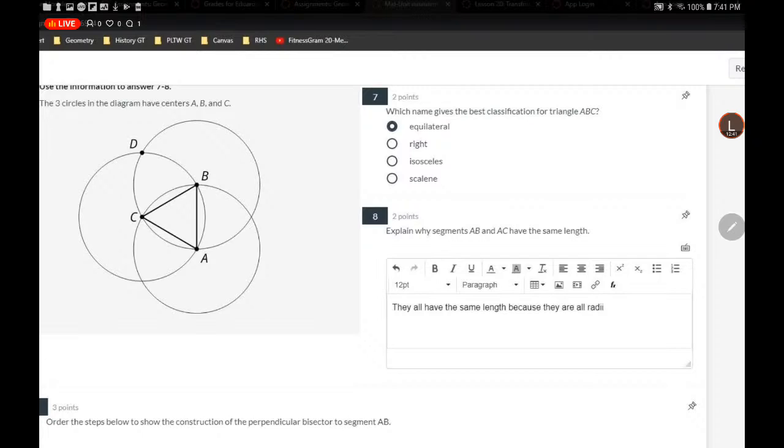So yeah, that's equilateral, right? Definitely. Why are segments AB and AC both radii of circle A? We're just talking about 2 segments, so not they all, but they both. They both have the same length because they are both radii of circle A.